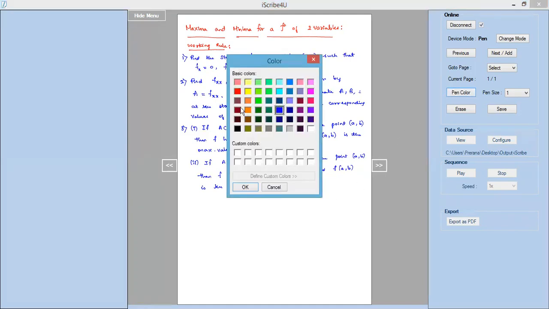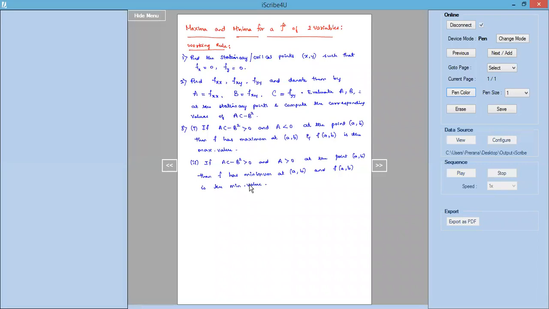We'll write down the same thing in the form of a note: if AC minus B square is less than 0, or AC minus B square is equal to 0, or sometimes the A value might be equal to 0, then the point (x, y), or (a, b), however we have represented the critical point, is called the saddle point in these cases.